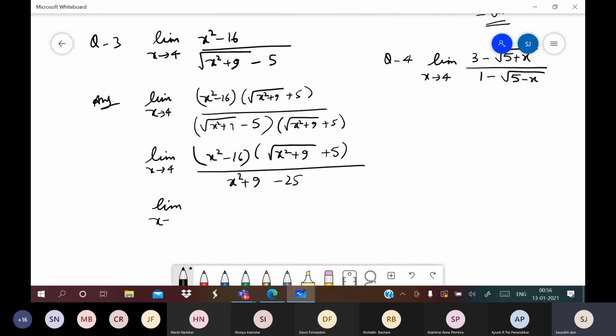So now this will be x square minus 16, right? So you can see this part is getting cancelled directly.